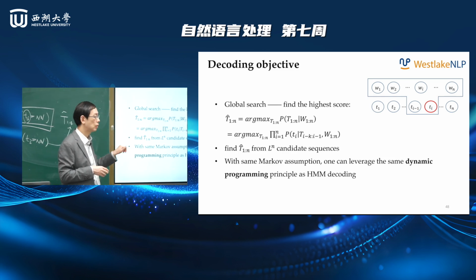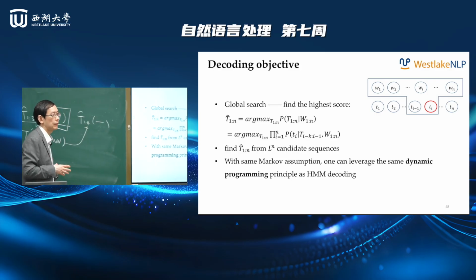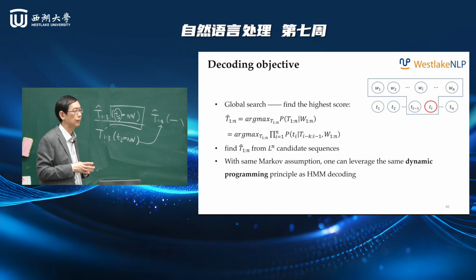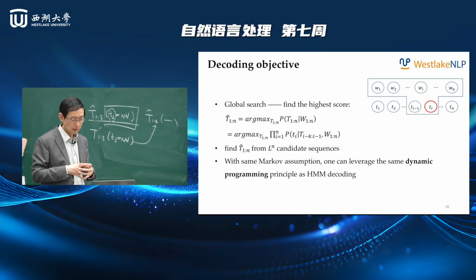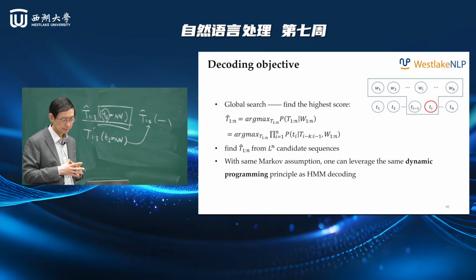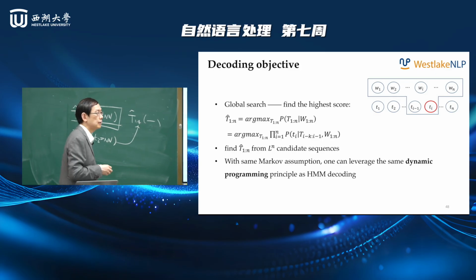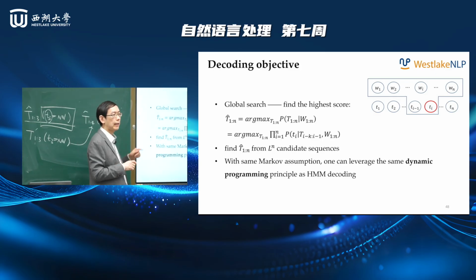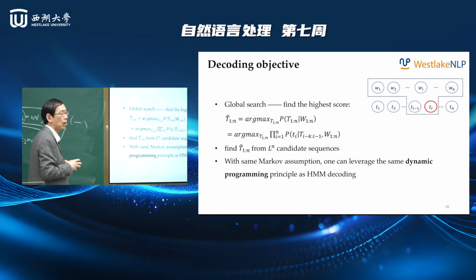Because your highest scored sequence might consider the tag-tag transition as well. How do you solve the problem? You notice that our tag-tag transition is a Markov chain.